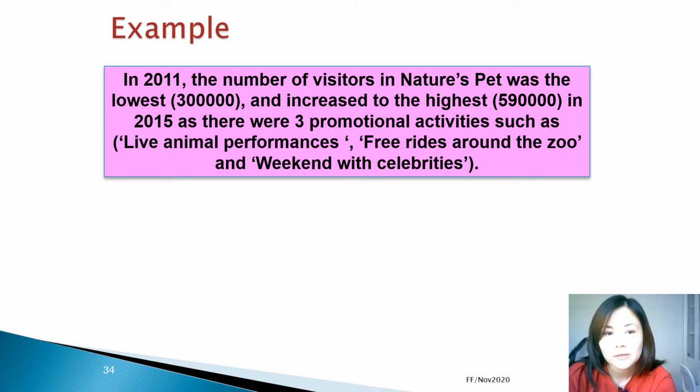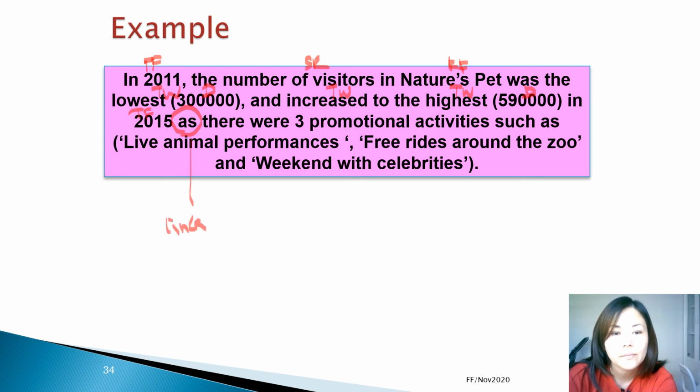So ladies and gentlemen, this answer consists of a time frame, a subject reference, a key feature, a trend word, another trend word, increase, the highest, another trend word, and we have data, not to forget the data, and lastly the time frame. And then the word as is the linking word, alright, and then 3 promotional activities such as, and these activities are being mentioned.